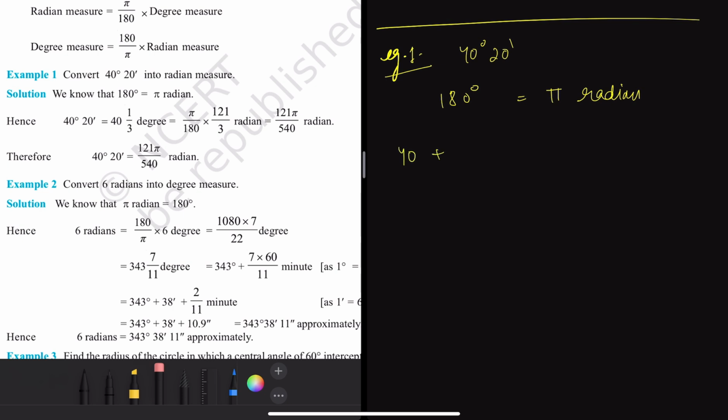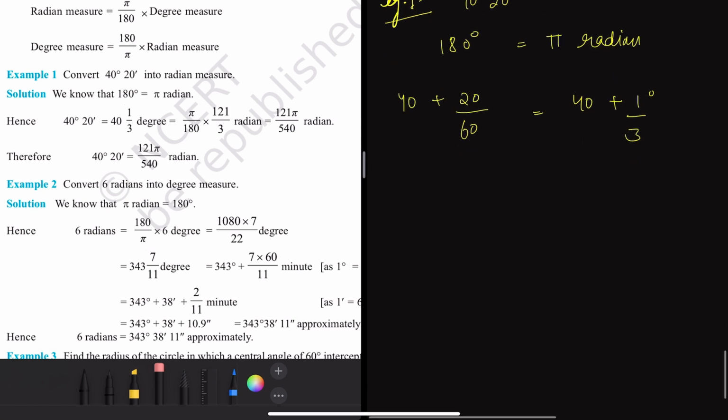Then 20 minutes is what? 1 minute is equal to 1 upon 60 degrees, right? So to convert this also into degrees, we will divide 20 minutes by 60. Then we have 40 plus 1 by 3 degrees. I'll just quickly add this. So here I have 121 upon 3 degrees.